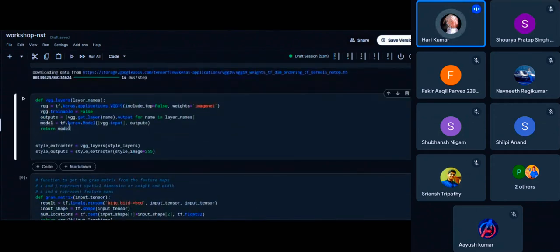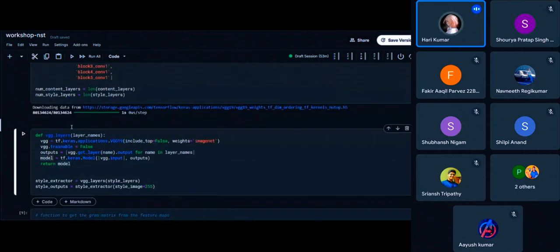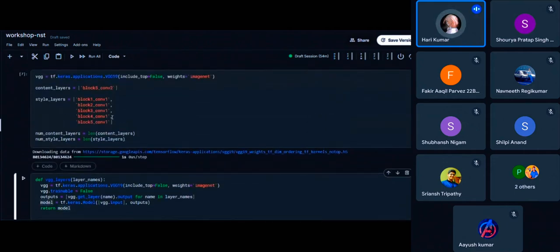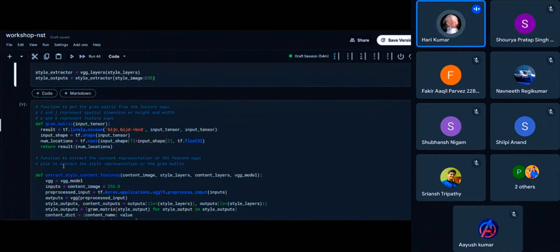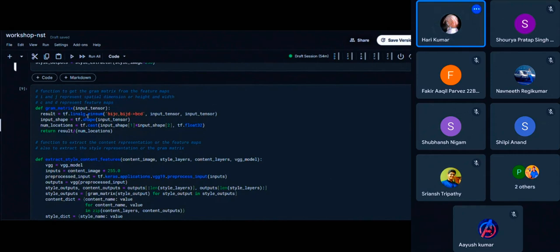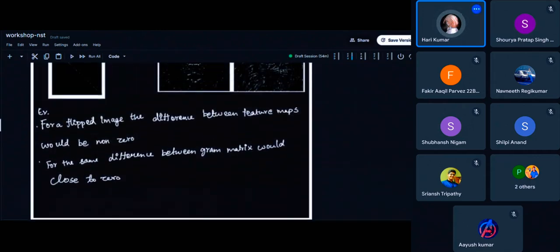What this function basically does is, we choose these as the style layers, so we give input as that, and then the style extractor extracts the style features from the image. Then we calculate the gram matrix.